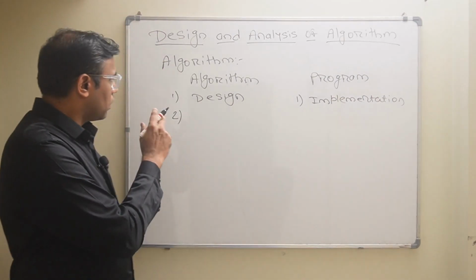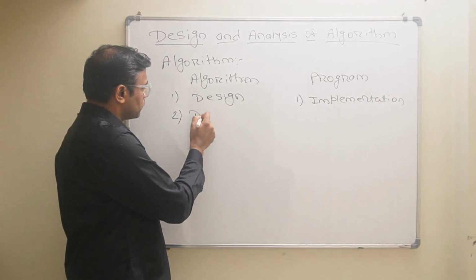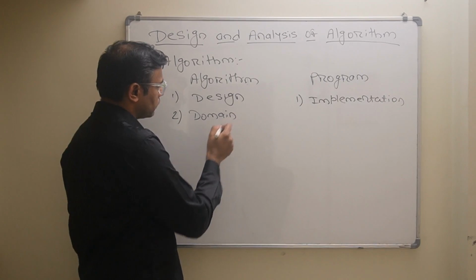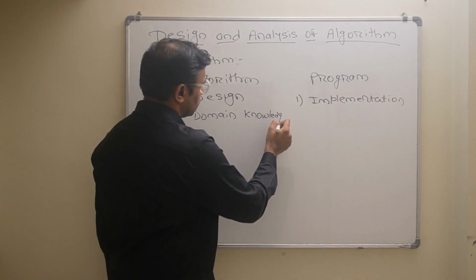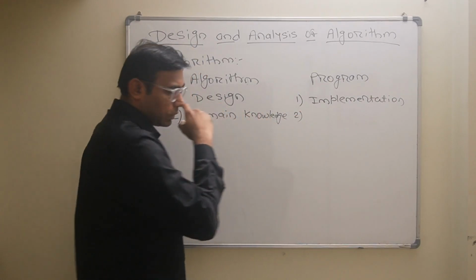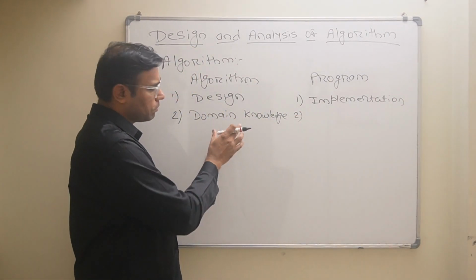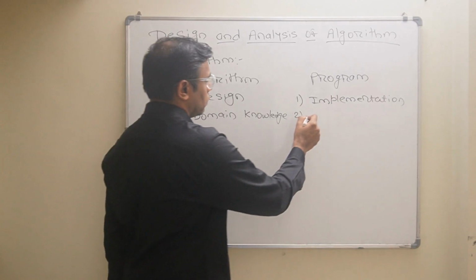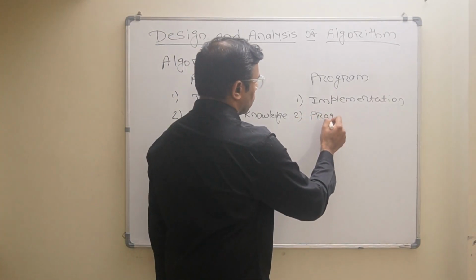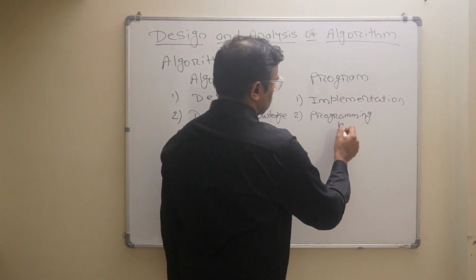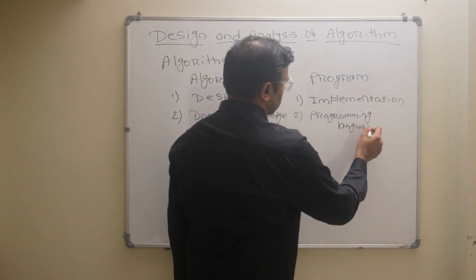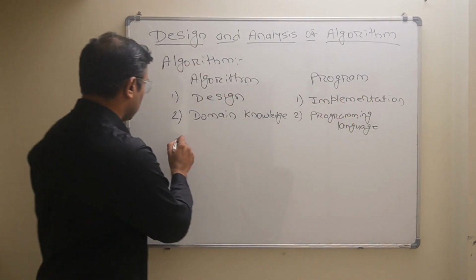That's why domain knowledge is very much required whenever you write the algorithm. Then in a program, if you want to implement it, you must have knowledge of a programming language.